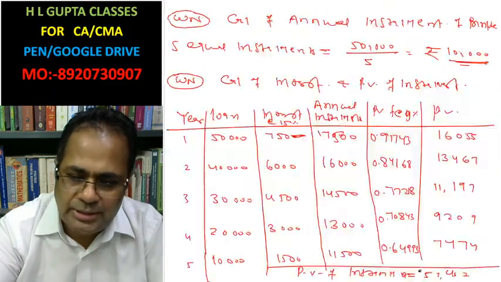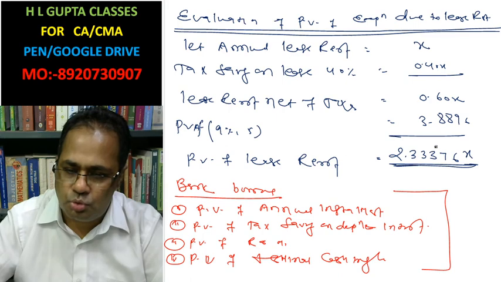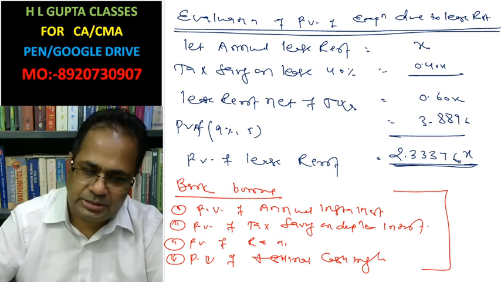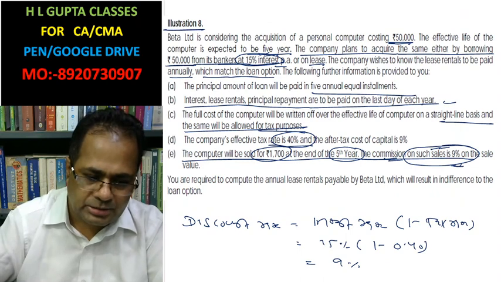Now what is the expenditure due to lease? 2.33376x. You have to equate this.